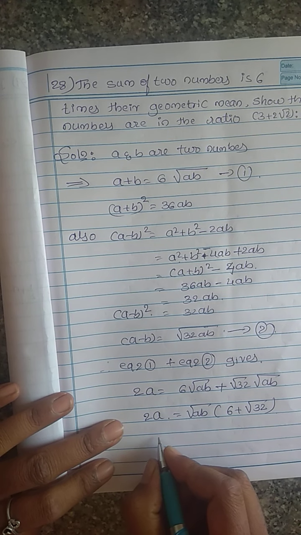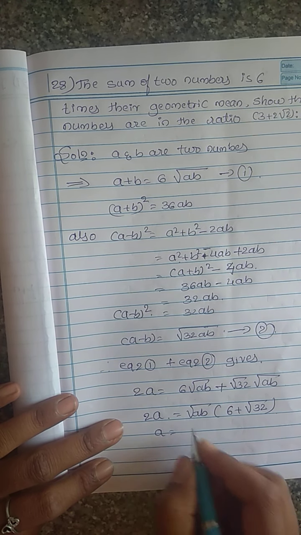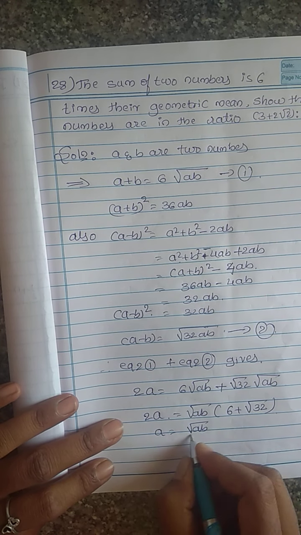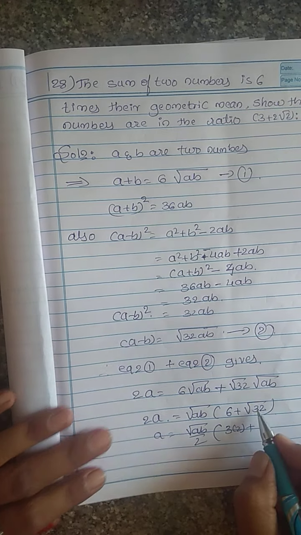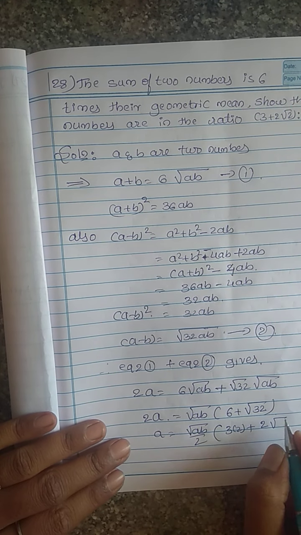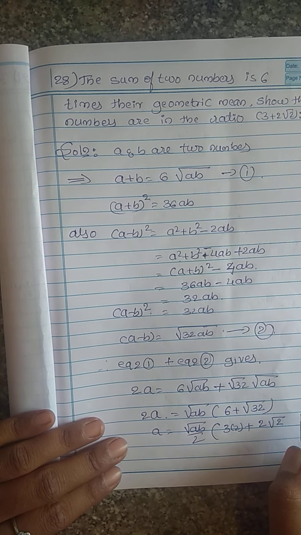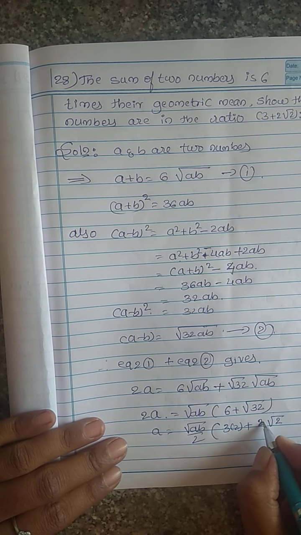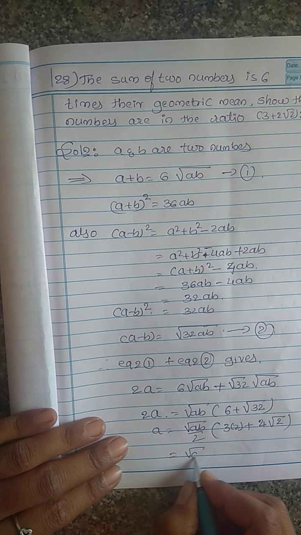Therefore a equal to root ab divided by 2 into (6 plus root 32), or you can write this as 3 into 2. Next 8 into 4 equal to 32, that is 4 root 2, so that equals root ab.